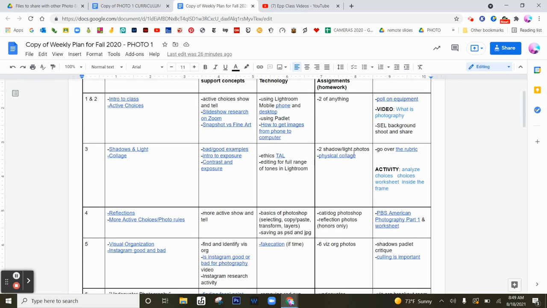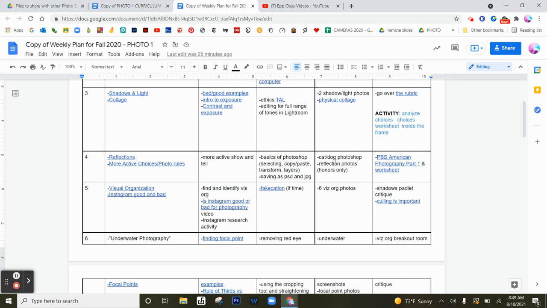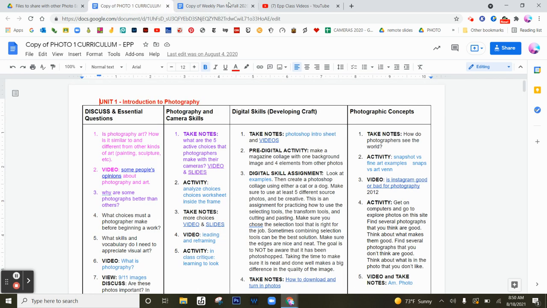So they have their shooting assignment. This is similar to the document I showed before, the curriculum, but I teach both honors and CP students at the same time. So everybody learns the same curriculum, but honor students turn in photos every week, and college prep students turn in photos every other week. So they do all the major assignments that were on that first curriculum.